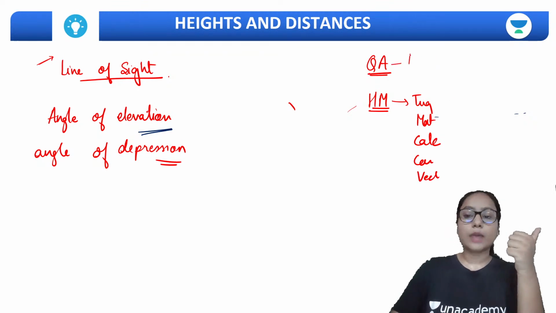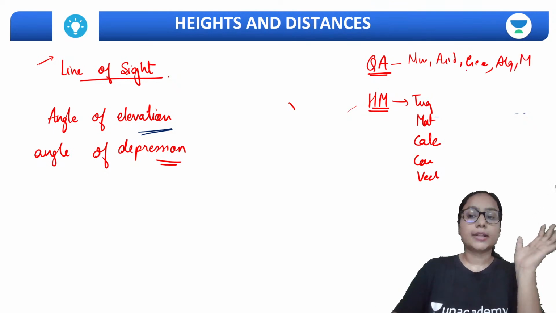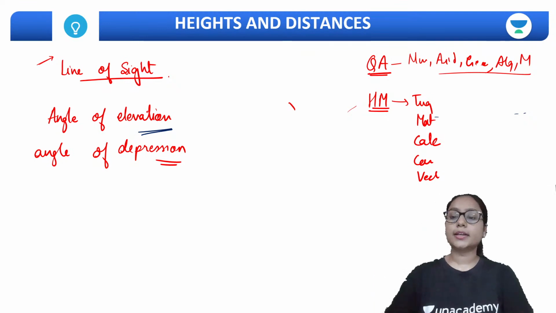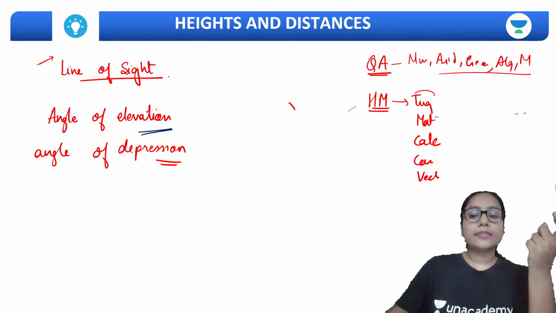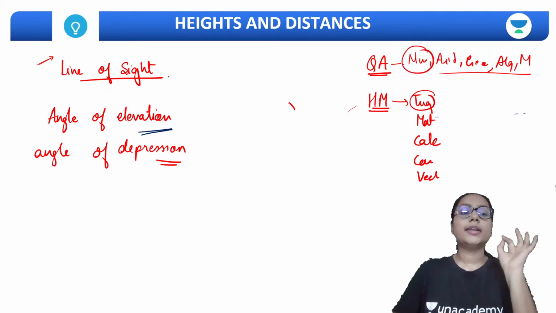In quants, you have numbers, arithmetic, geometry, algebra, and modern maths. Five sections. I have explained this in detail in that session, so I hope you are aware of this. I have started with trigonometry from higher maths and numbers from quantitative aptitude.